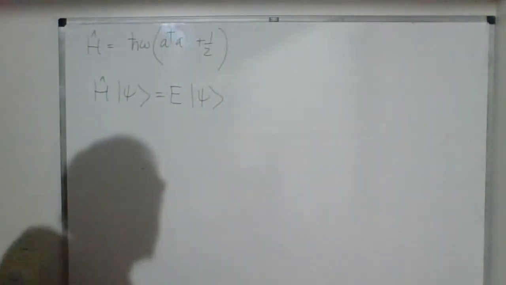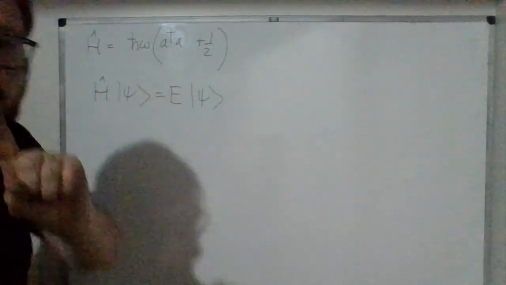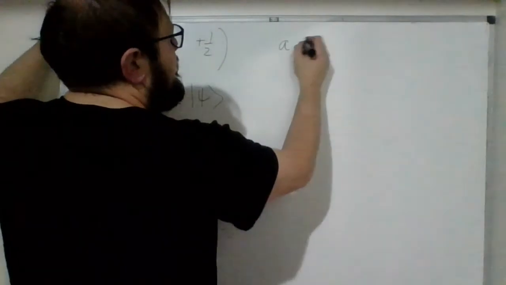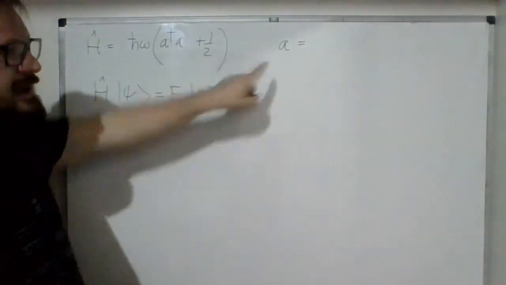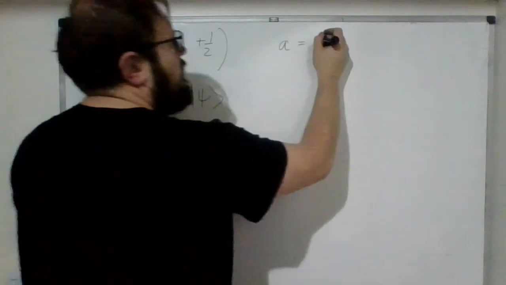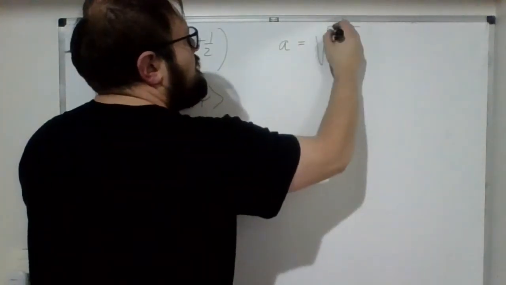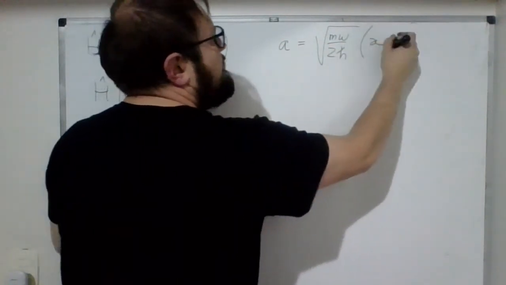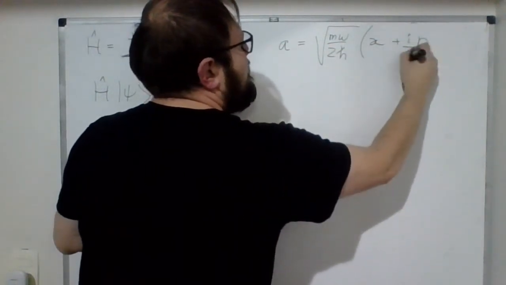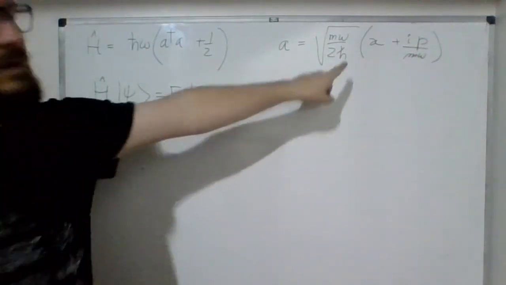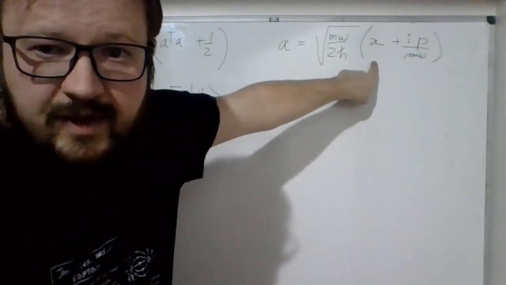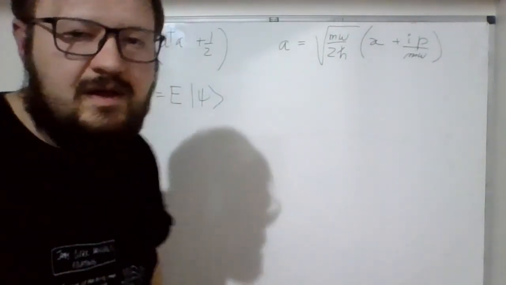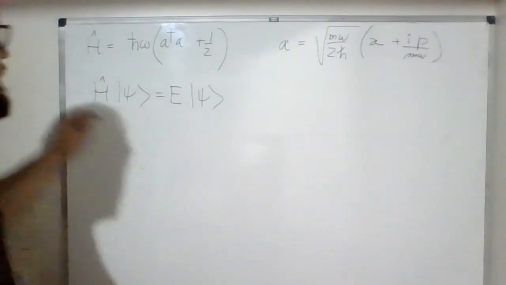But notice that I can use some facts here. Remember that A is equal to square root m omega divided by twice the h bar x plus i p divided by m omega. So that is just a differential operator when acting on the basis of space, all right?